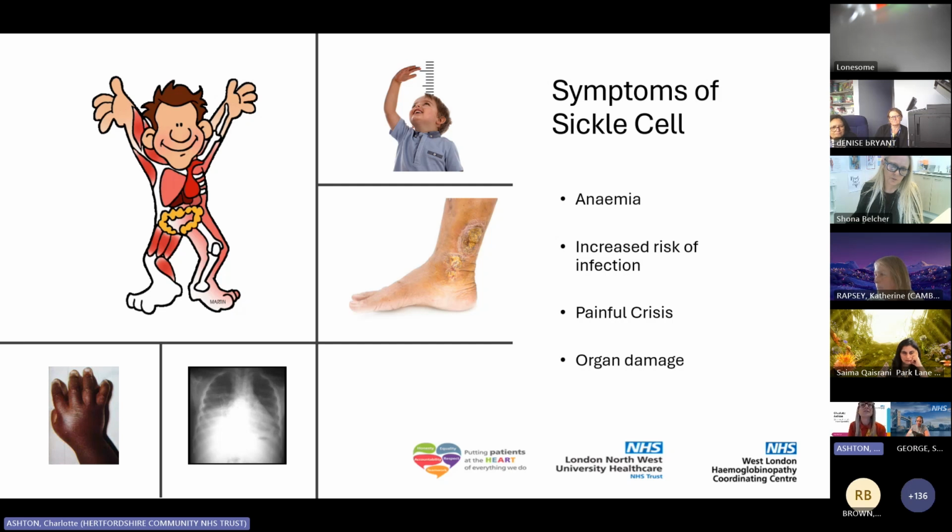It's typically one of the first symptoms observed in infants and young children, usually occurring between the ages of 6 months and 6 years. And we know that sickle cell can delay growth and puberty. I've also got a picture of chest crises and ulcers, which we often find with older, younger adults.